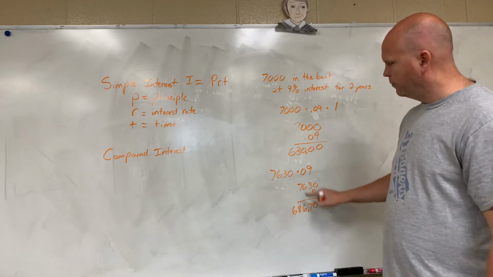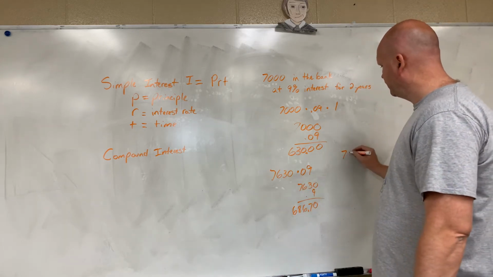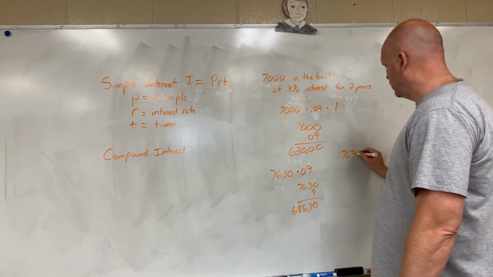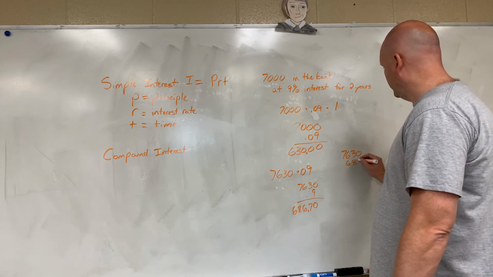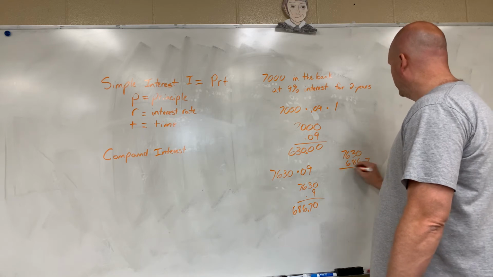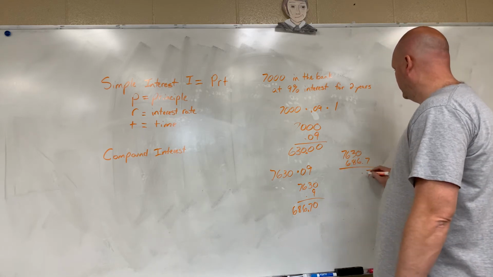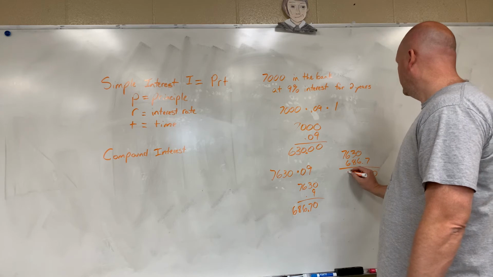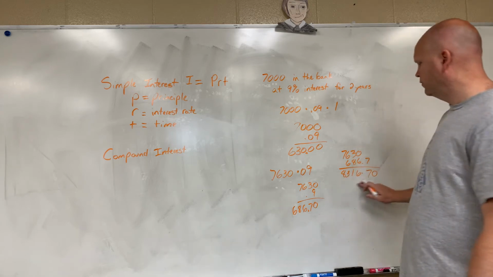We would take this number and add it back to this. 7,630 plus 686. So it'd be $8,316. So now this is how much you got in the bank.